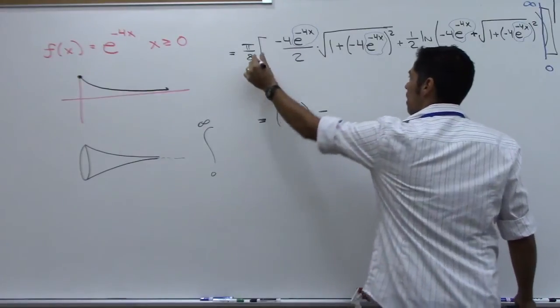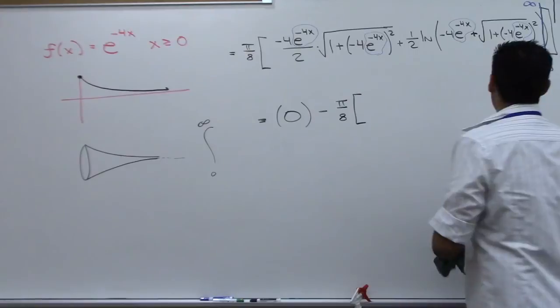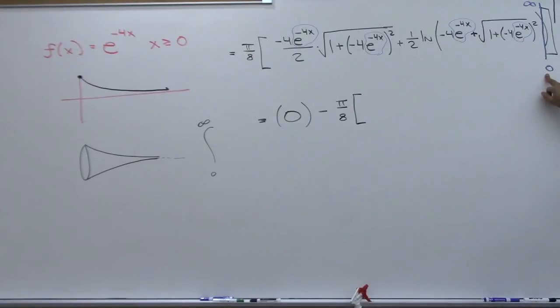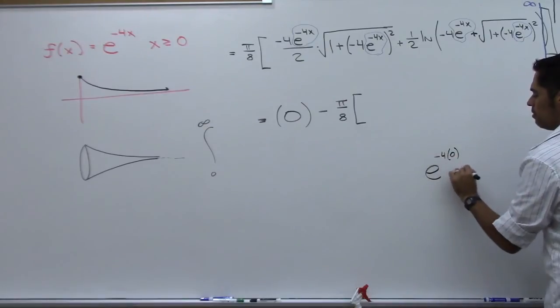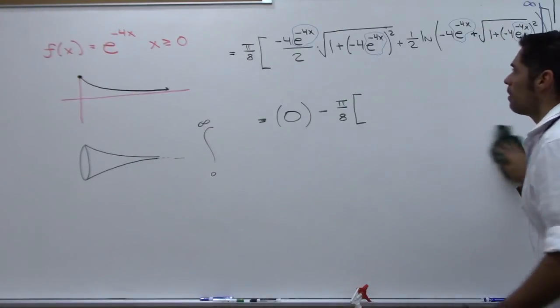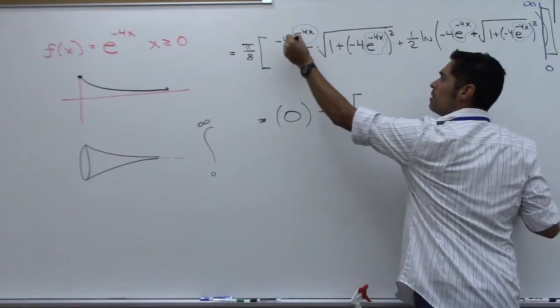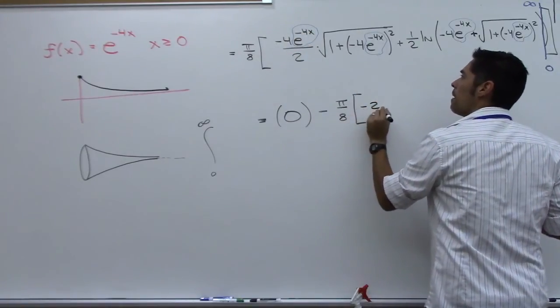minus, now I'm going to have my pi over 8. Now let's plug in 0 for x. So e to the negative 4 times 0 is e to the 0, which is 1. So that means all those blue pieces are going to turn into 1s. So let's see what we get. This is a 1 times negative 4 over 2, that's negative 2.